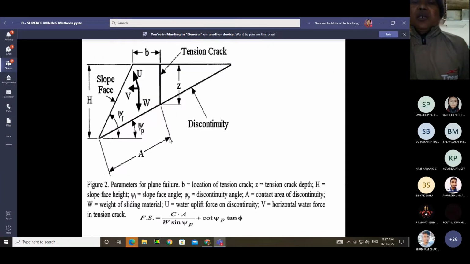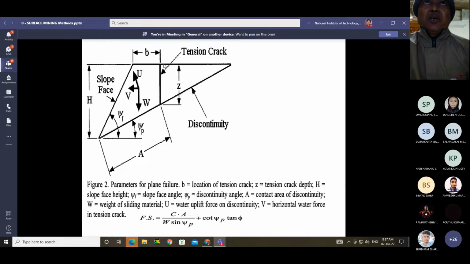So here in this diagram, this is the discontinuity plane. This inclined line, the bottom inclined line, is the discontinuity plane, and this is the tension crack.